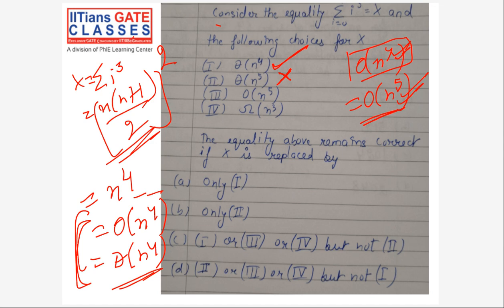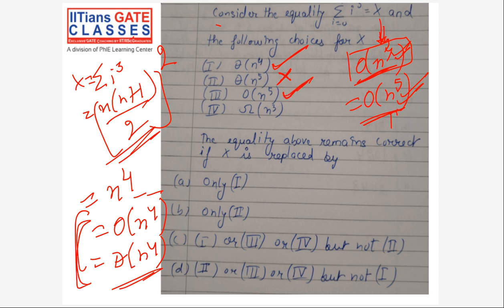Order means upper bound. Whatever function is given that can be upper bounded with n^4, of course the same function can be upper bounded by n^5 also, correct? So third is also right.